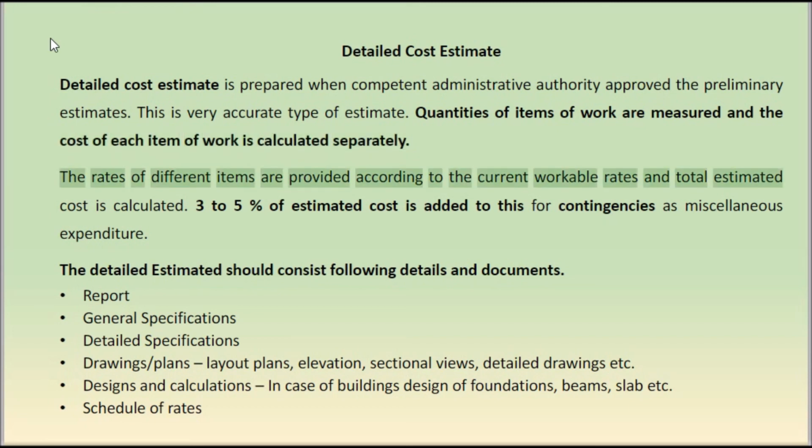The rates of different items are provided according to the current workable rates, and total estimated cost is calculated. 3 to 5% of estimated cost is added to this for contingencies as miscellaneous expenditure.